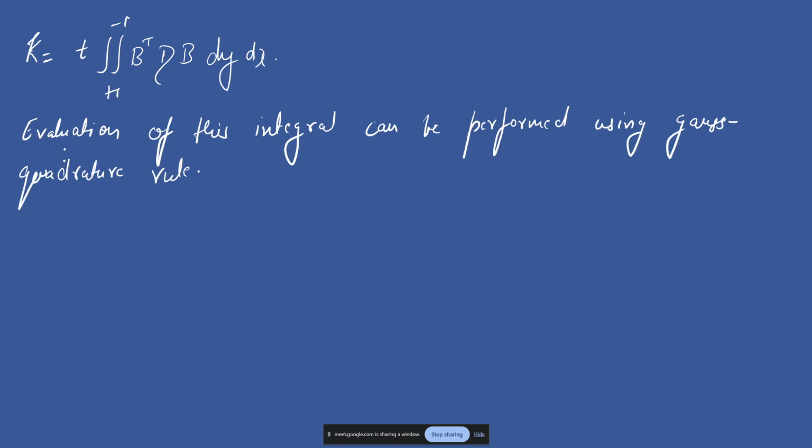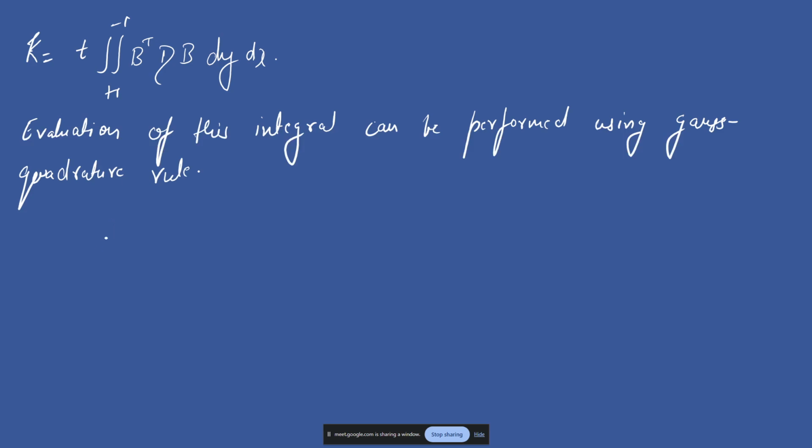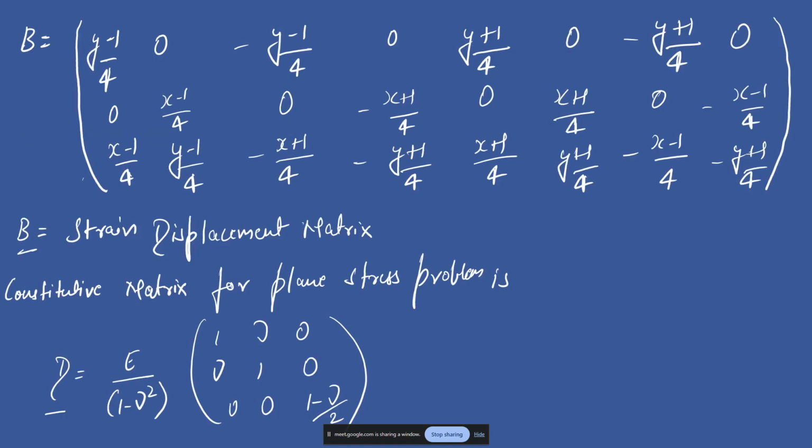So accordingly, once you have this matrix, you can calculate the B matrix at different Gauss points. So there are four Gauss points. For this double integral, you have four sampling points available with you.